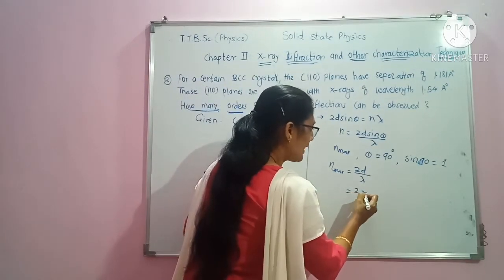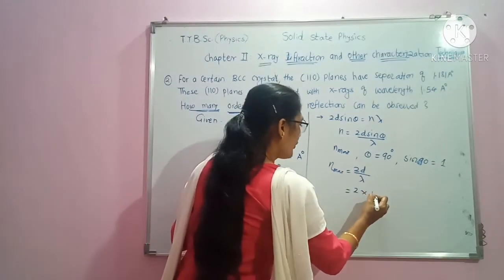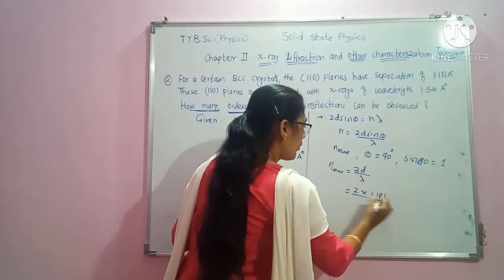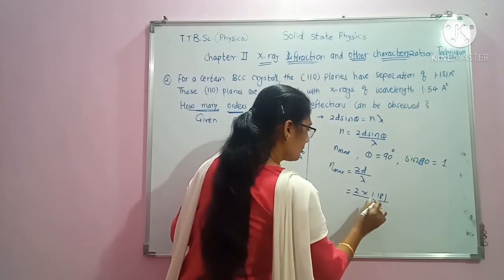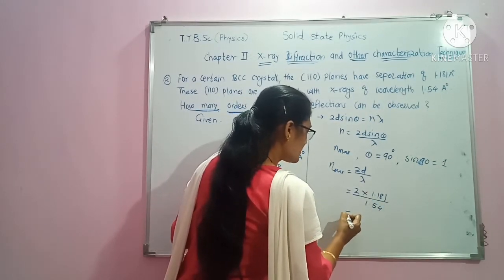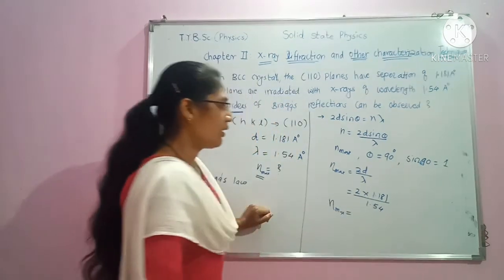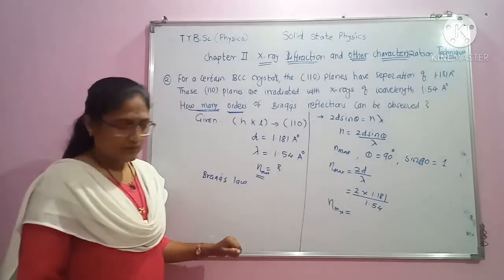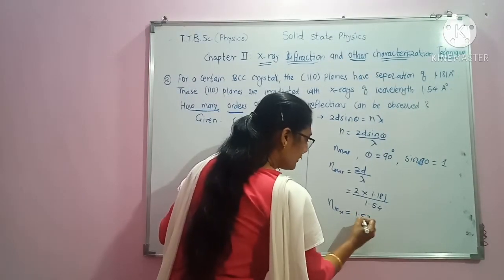Let's substitute the value of d. d is given as 1.181, and lambda is given as 1.54. When we substitute the values of d and lambda, this value comes out as 1.53.